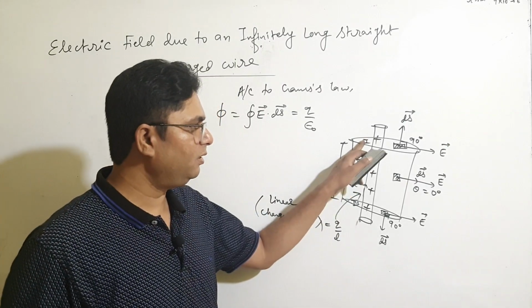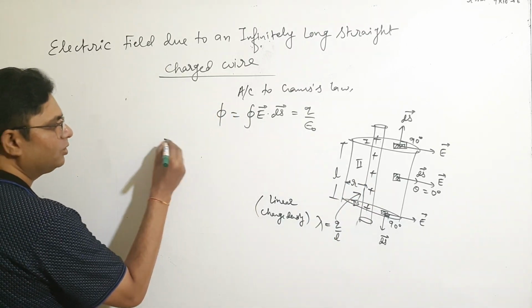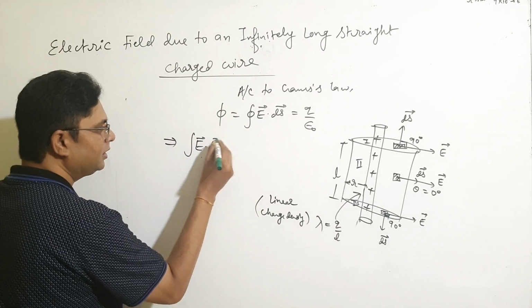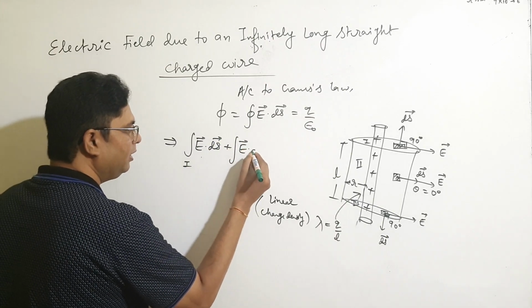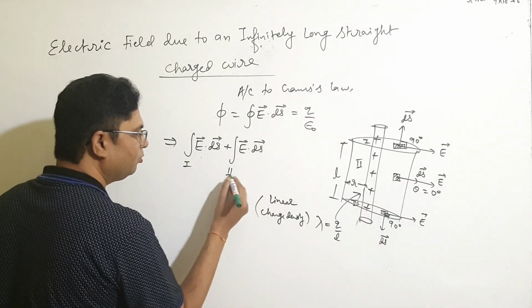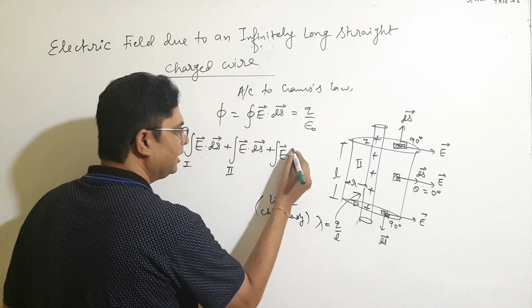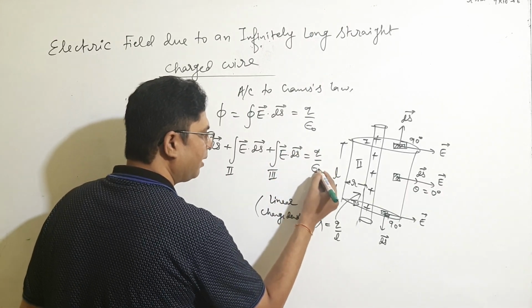For surface 1, for surface 2 and for surface 3. You have integration E dot ds surface 1, integration E dot ds surface 2, integration E dot ds surface 3, which is equal to Q upon epsilon naught.